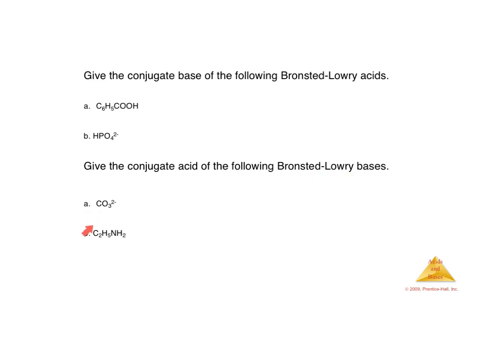So we are defining Bronsted-Lowry bases. So your acids will be proton donors, indicate what their conjugate bases will be. Your bases will be proton acceptors, identify what their conjugate acids will be. Go ahead and hit pause now. Hit pause, write down these answers, and I'll give you the solution here in a second.